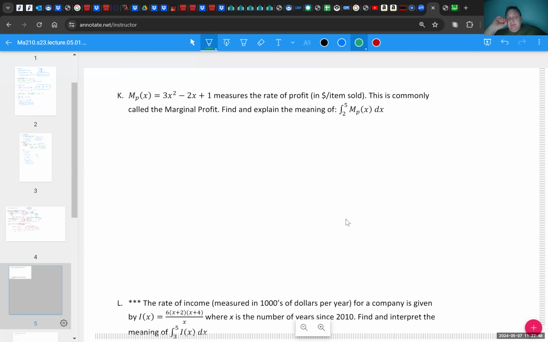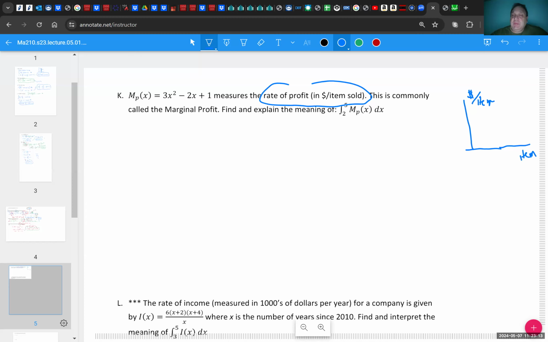All right, so example K here, I have a function called MP(x), and it's this quadratic 3x squared minus 2x plus 1. And what does it measure? It measures the rate of profit. So that's the vertical axis. This is the rate of profit in dollars per item sold. And then the horizontal axis will be items.